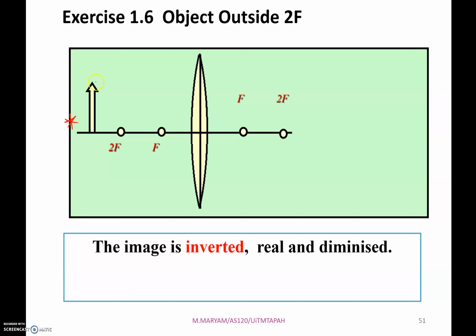Okay, so the first ray will be straight, stops at the line, and then goes through the focal length. Did you get it right? Very good. Okay, let's draw the second one. Ready? Go.